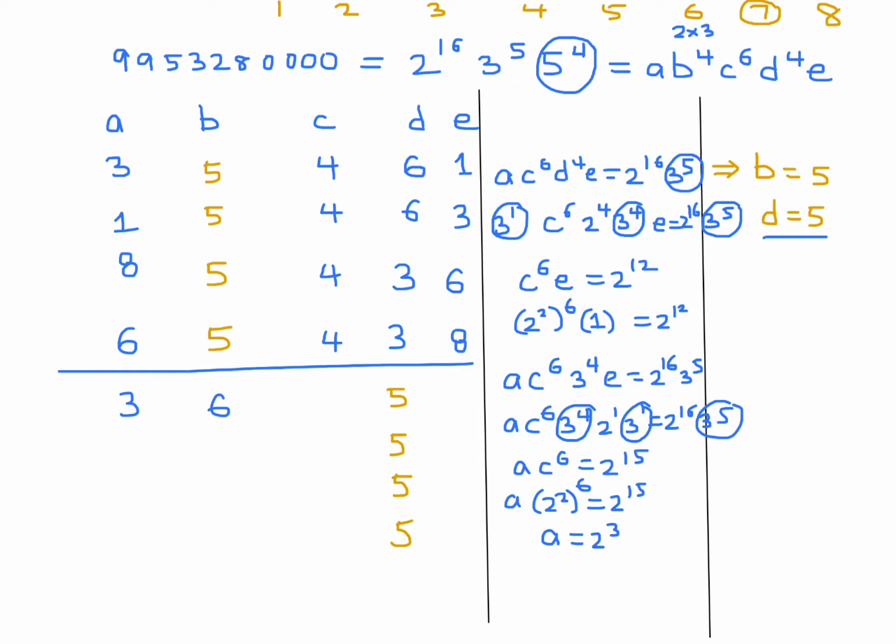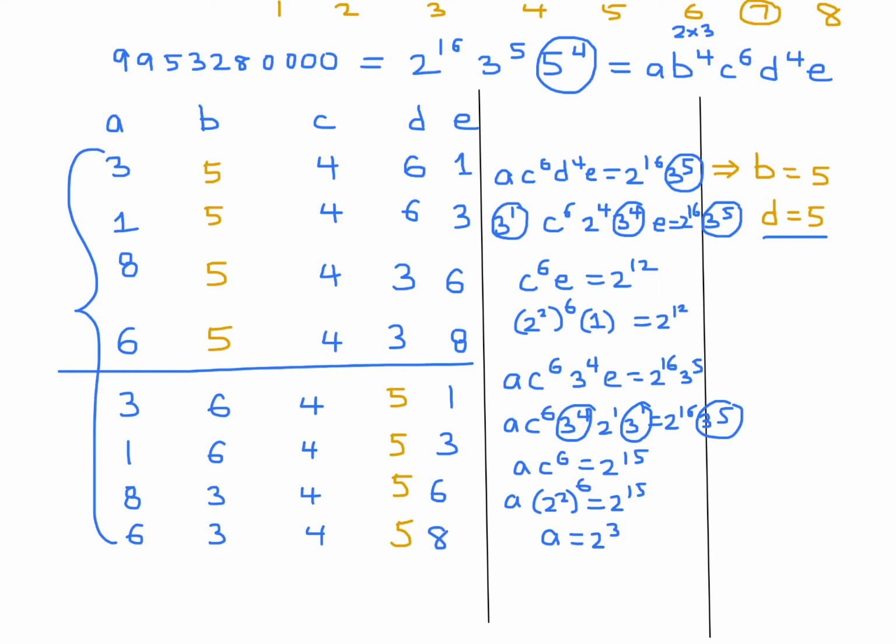So this will be 6. This was 4 and 1. This is 1. This is now 6, 4, and 3. This is now the same, 8. But this is 3, 4, and 6. And the final one, 6, 3, 4, and 8. So in total, there are 8 ways of making that work.